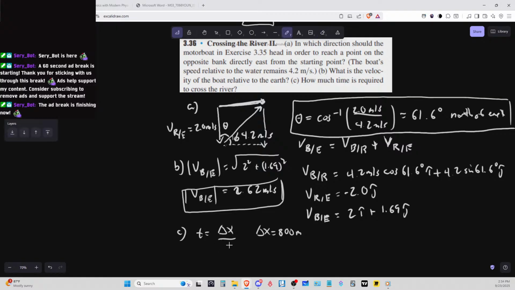So I think it's x, and if we do that, the time should be equal to 800 divided by 2. That'll take 400 seconds, which is equivalent to 6 minutes.